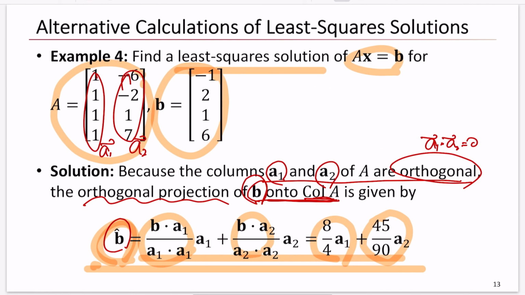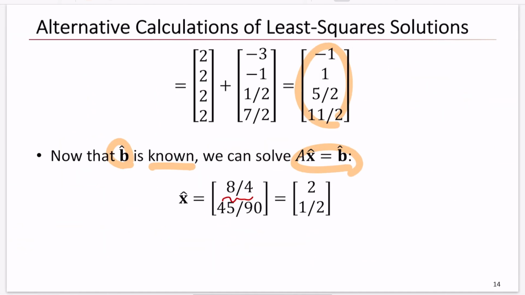Because this is A times x, by rewriting matrix A and x, we can just say this one and this one give the solution. So 8 over 4, 45 over 90, which is going to be 2, 1/2, which is the least square solution.